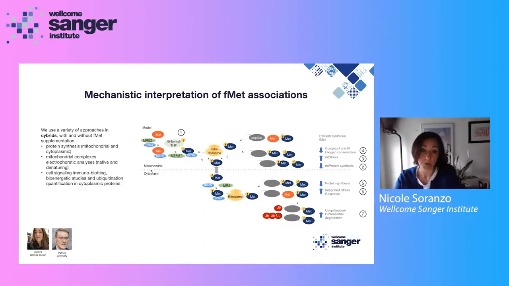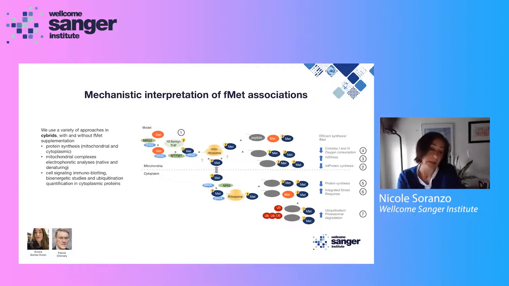She was also able to show a parallel effect on the cytoplasm, where she can observe again a decrease in protein synthesis and an increase in the integrated stress response. All pointing to a role of FMET in controlling proteostasis.